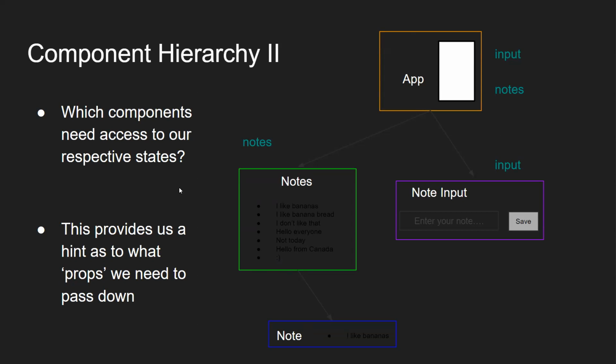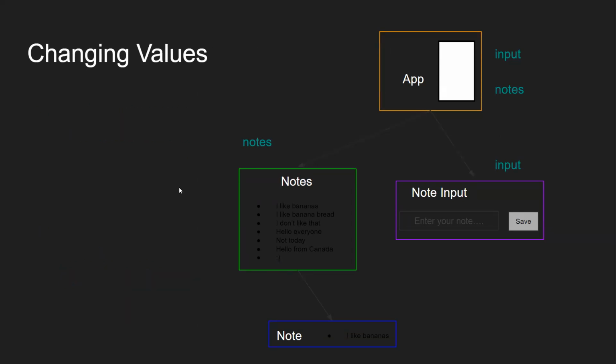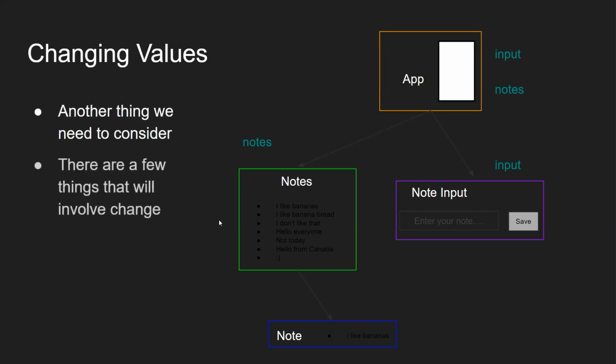Alrighty, so let's think about changing values, what is changing and what it means for these things to change values. A few things in this structure are changing. Notes needs to change on click, because when I click save, I want my notes to update.